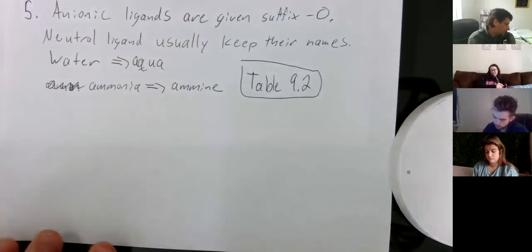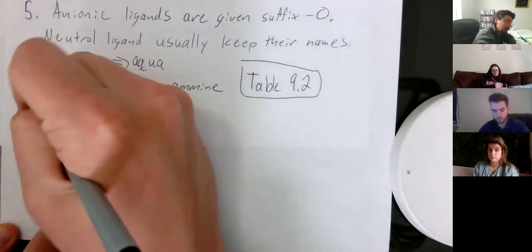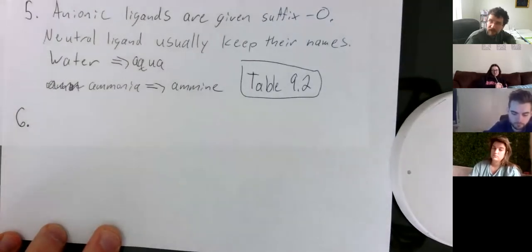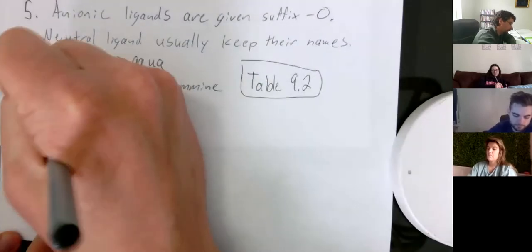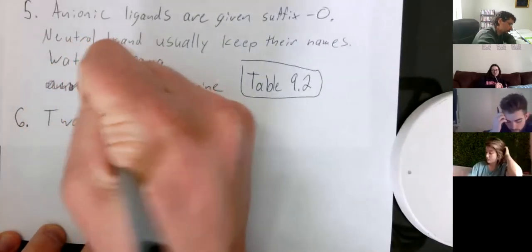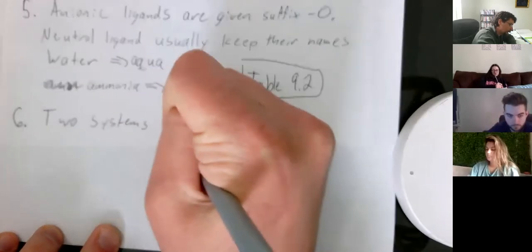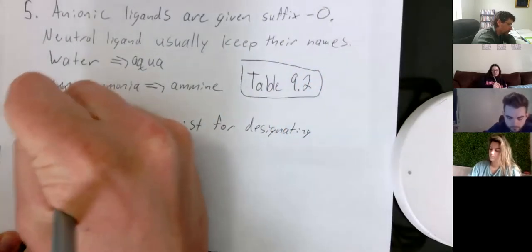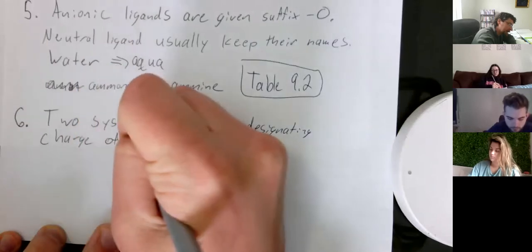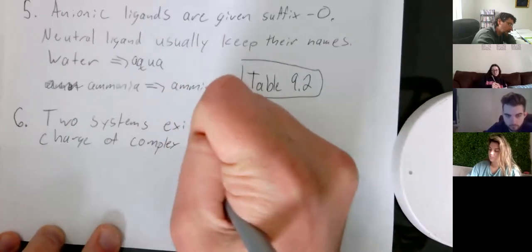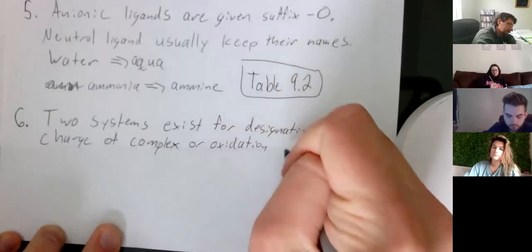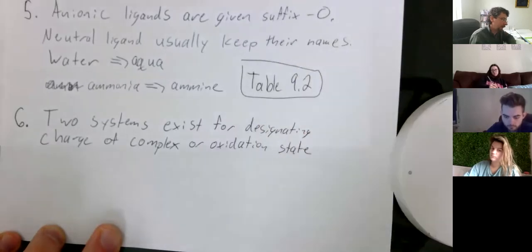Number 6. There are 2 systems that exist for determining the oxidation state or the charge on the complex. So 2 systems exist for designating charge of complex or oxidation state of the metal.